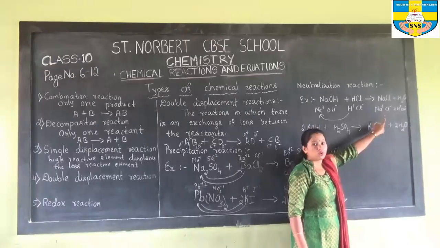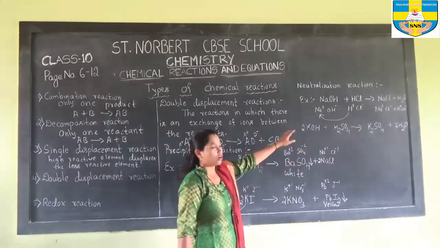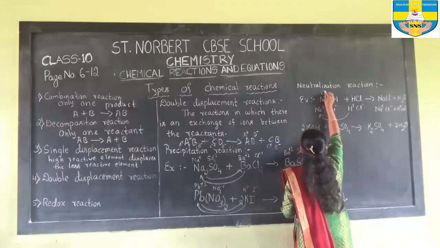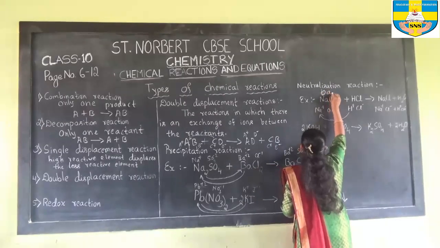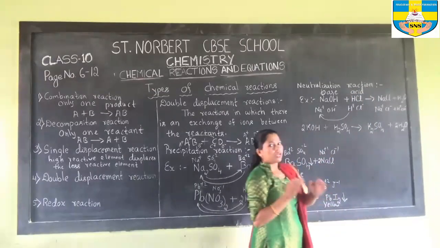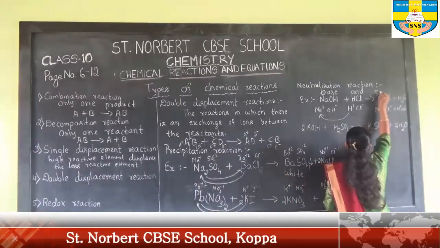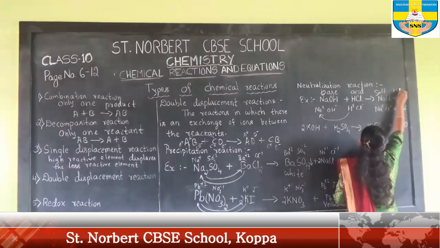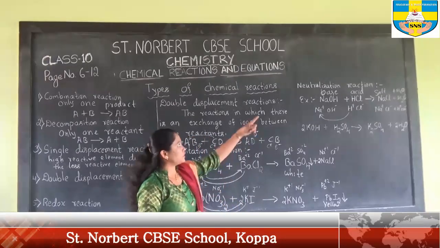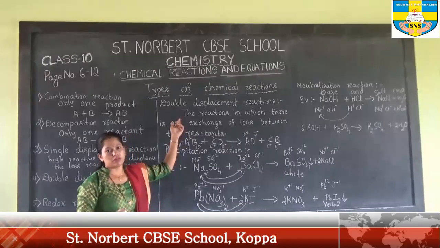It produces sodium chloride and water. This is also called a neutralization reaction, because NaOH, sodium hydroxide, is a base and HCl is an acid. So any acid reacts with any base, it produces salt and water. So this reaction is an example of the neutralization reaction as well as the double displacement reaction.